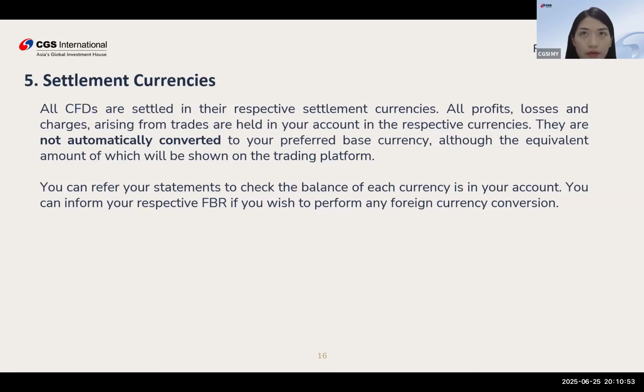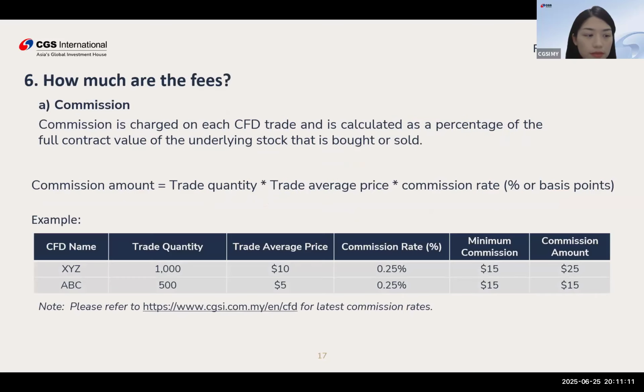If you are trading Apple CFD, it will be settled in USD. If you are trading Alibaba CFD, it is settled in Hong Kong dollar. And for the Japan 225 index, it will be Japanese yen.